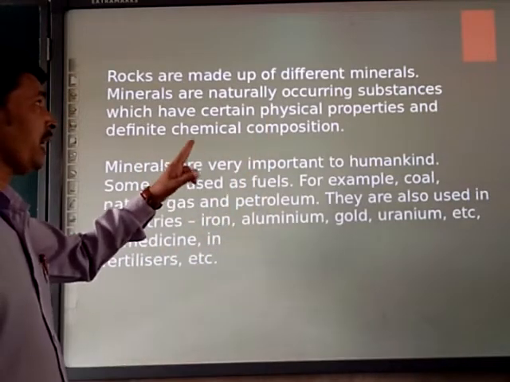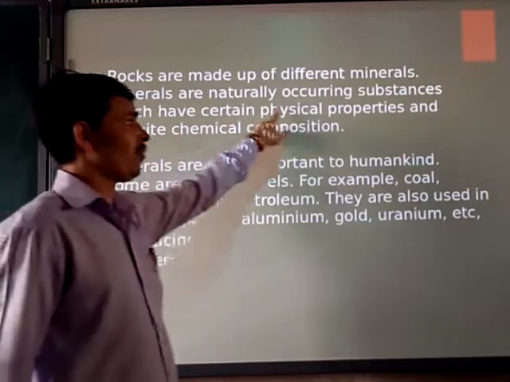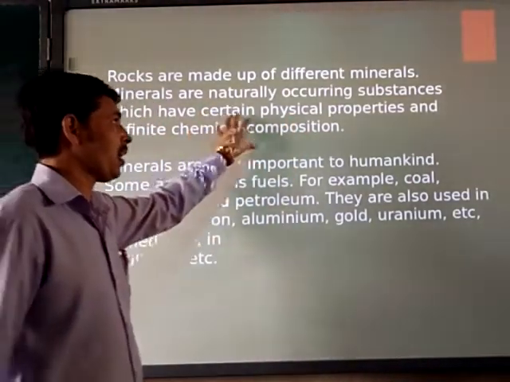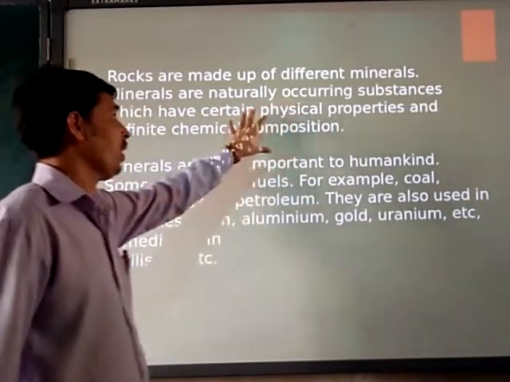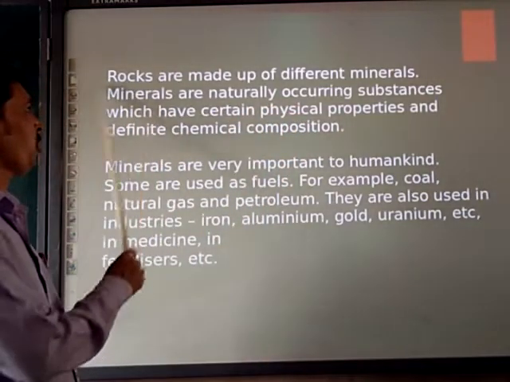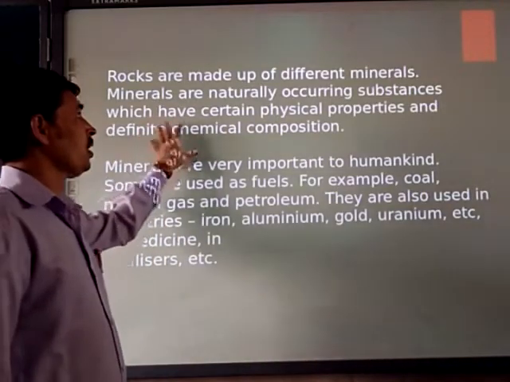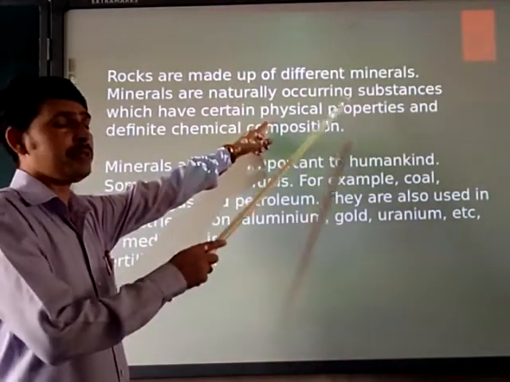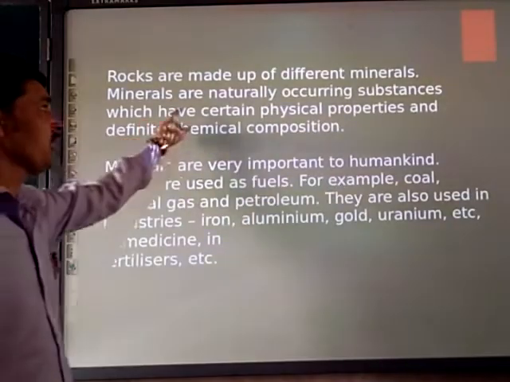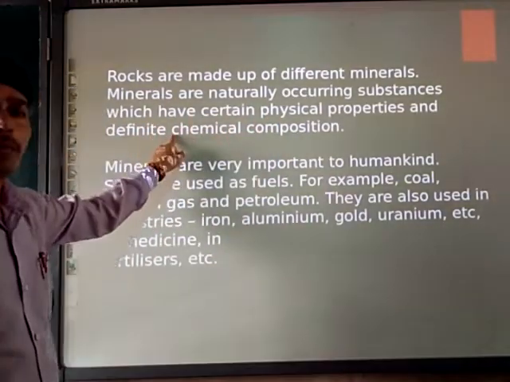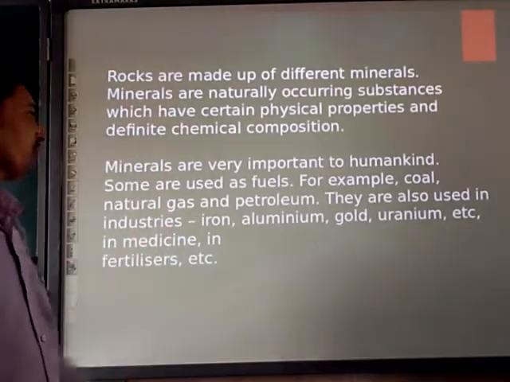This point is very important here: the certain physical and chemical properties. The chemical composition and physical properties are very important for the formation of a mineral. So minerals are defined as naturally occurring substances with certain physical properties and definite chemical composition.